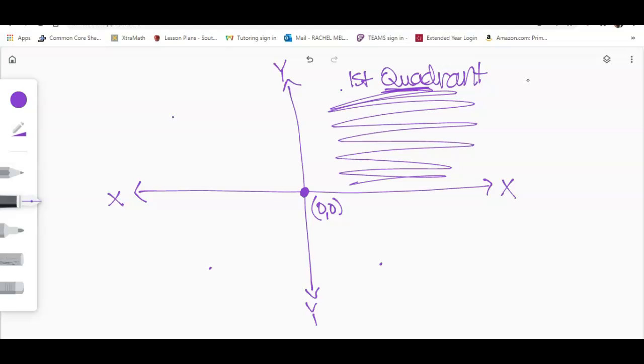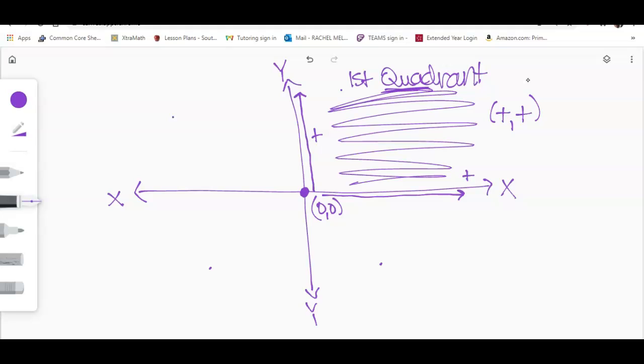So when I'm coming over in this direction, this is all positive. When I'm coming from this direction, this is all positive numbers. So our graphing is always going to be a positive and a positive in fifth grade. But I need you to know where you're going.